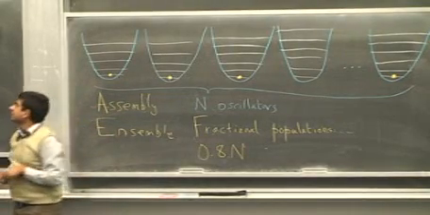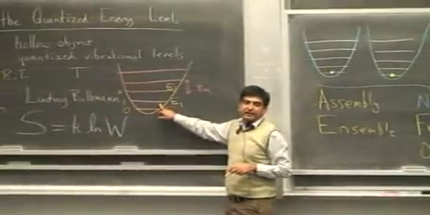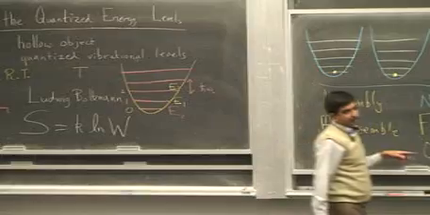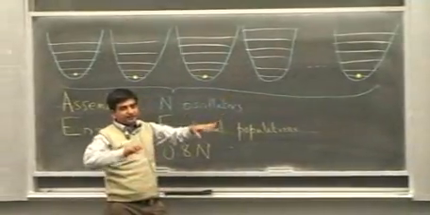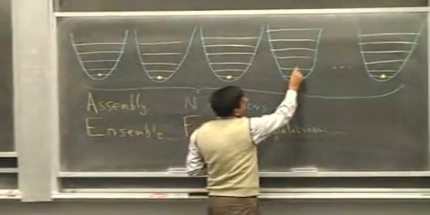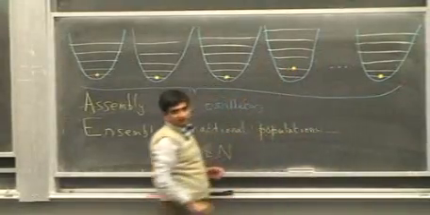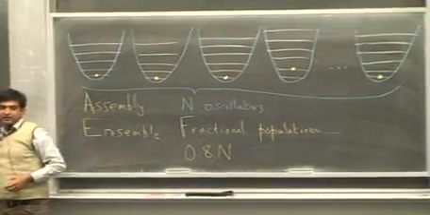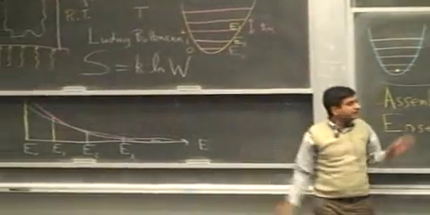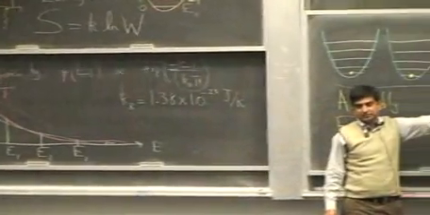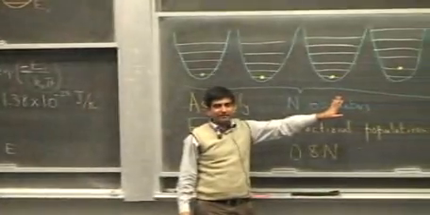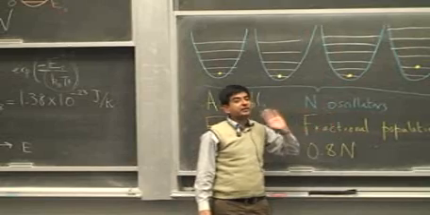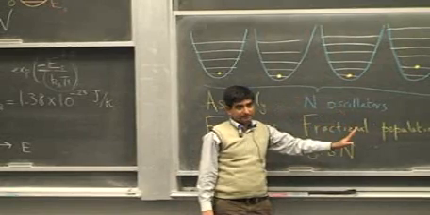And if there is a 20% probability that E1 is populated, then 0.2 times n, or 20% of the atoms in the ensemble will have E1 populated. So I can move from the picture of one oscillator to the picture of an ensemble of oscillators. Alright? And the Boltzmann factor discussion carries over to ensembles as well.